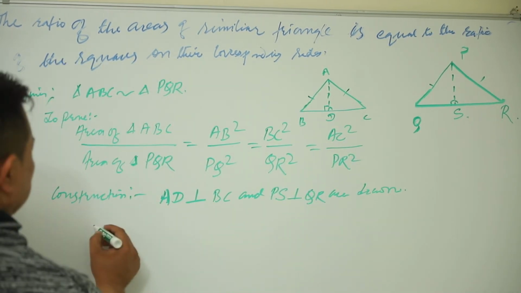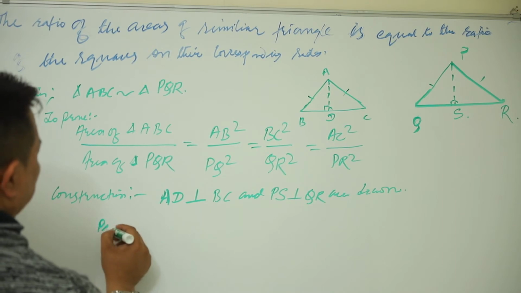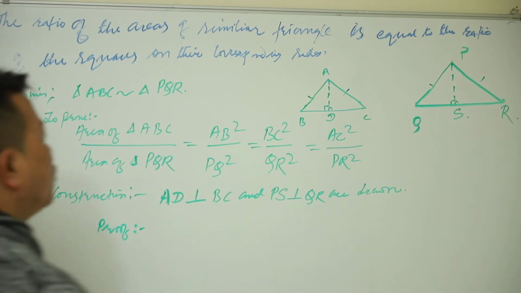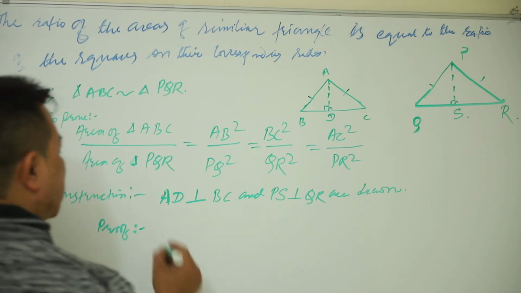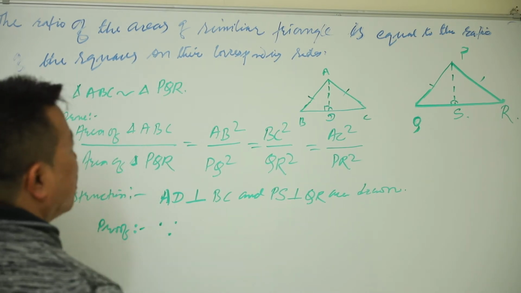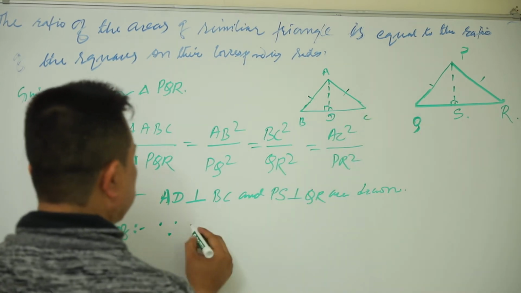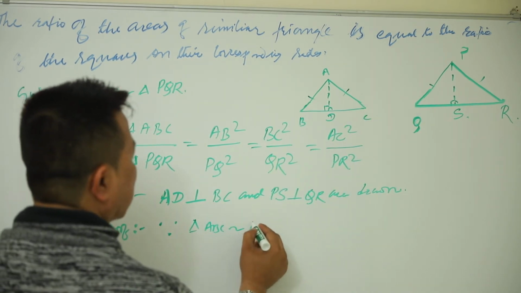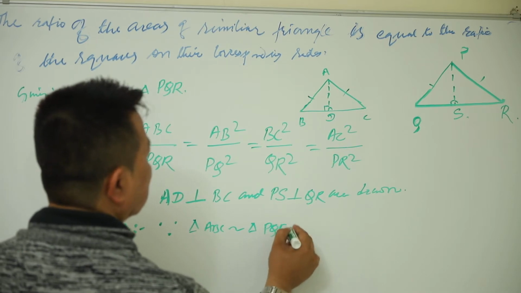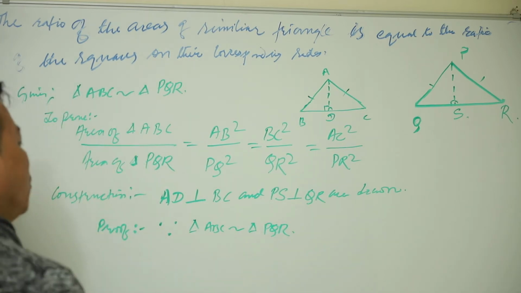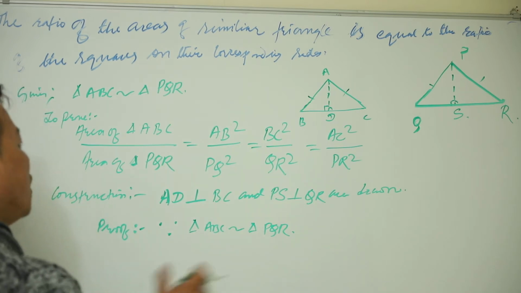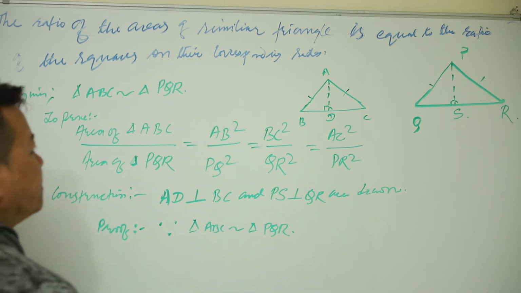Now, how do you start proving the theorem? Proof: since triangle ABC is similar to triangle PQR, their corresponding sides are in the same ratio.